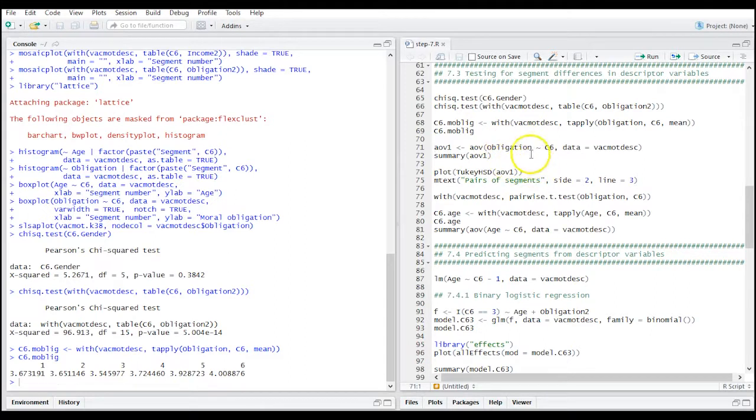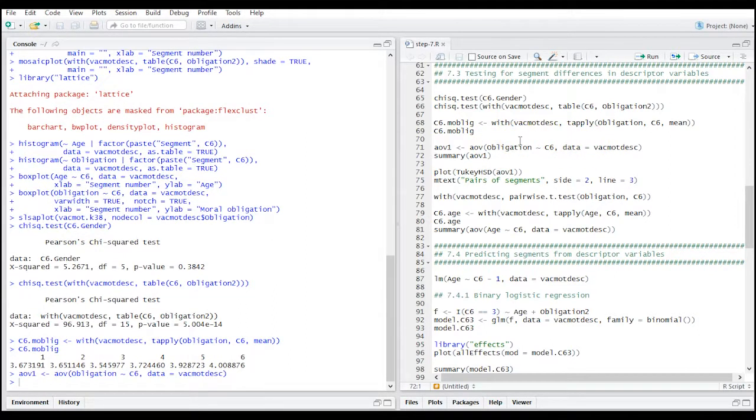We specify the model, so which variable, that's our metric variable obligation, we want to split, tilde, by that categorical variable C6, by segment membership. And this formula will be evaluated using that data frame. So this calculates the analysis of variance and returns an object, and this has a summary method.